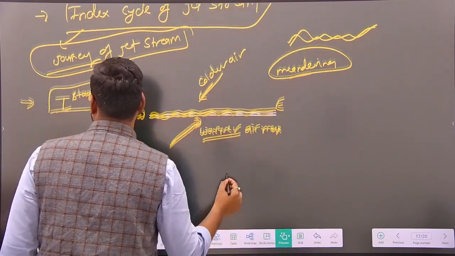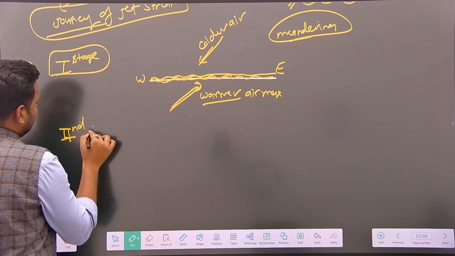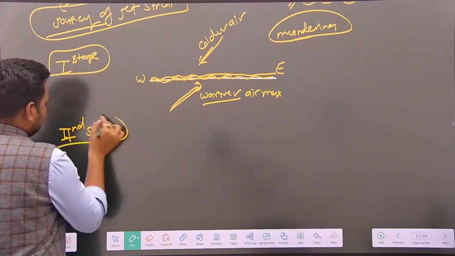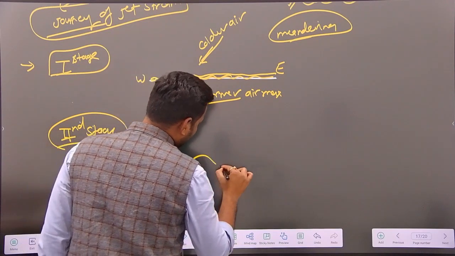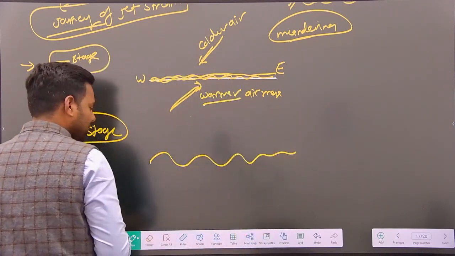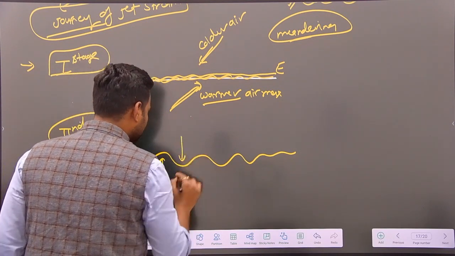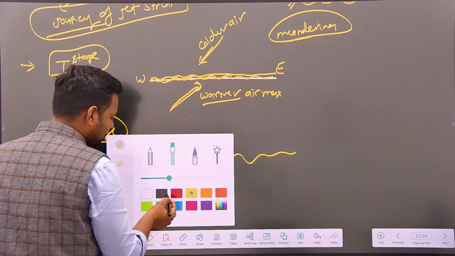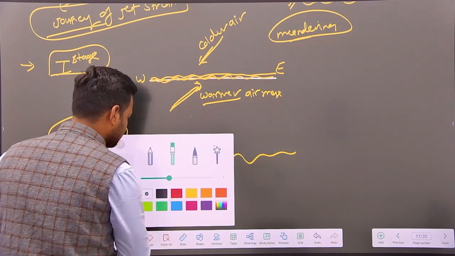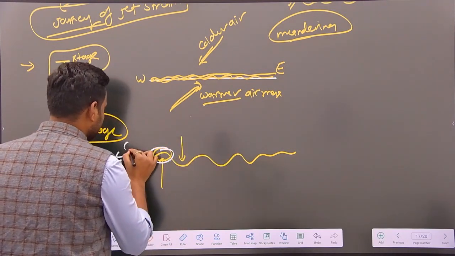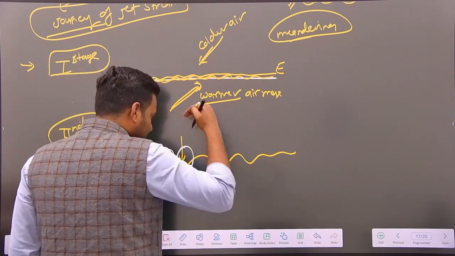The second stage of the index cycle is where waves are created. Why are the waves created? Because of the nature of warmer air to rise up, it develops the crest, and here is a colder air mass which tries to approach.